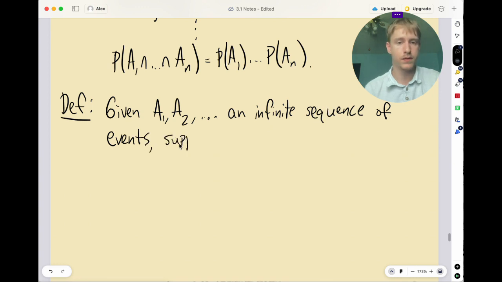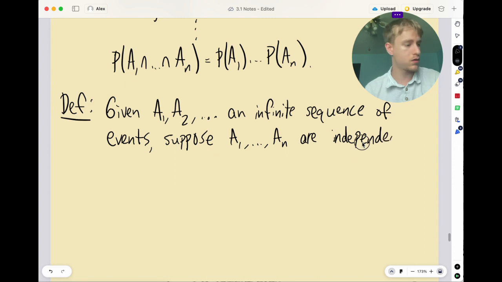Suppose that A1 through AN are independent, for any n.